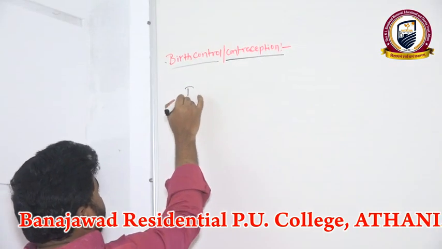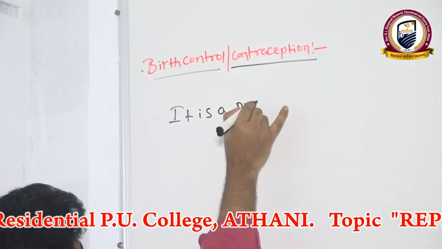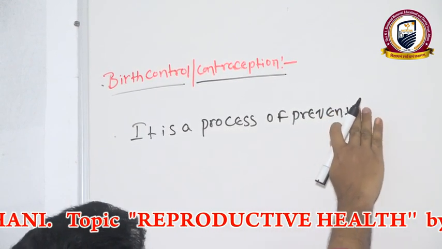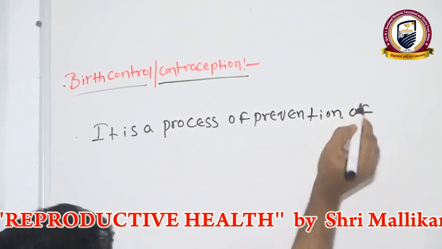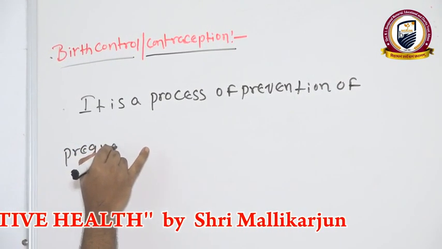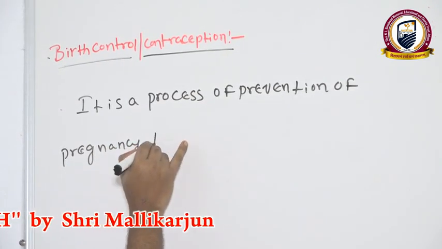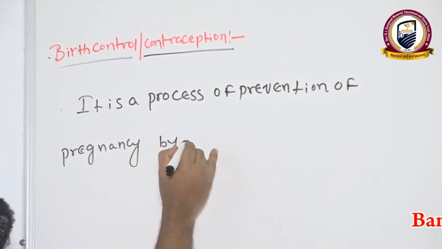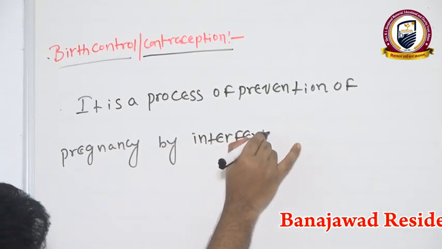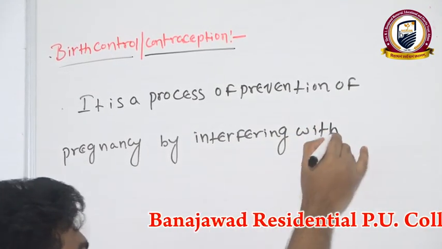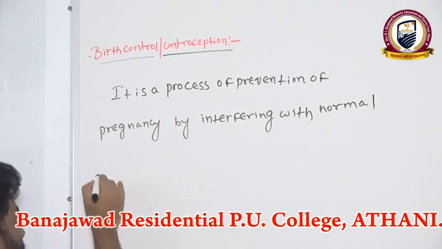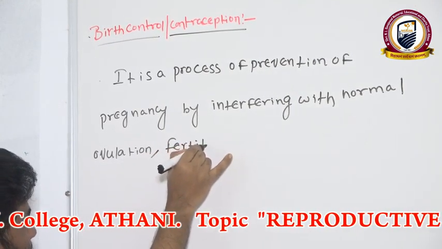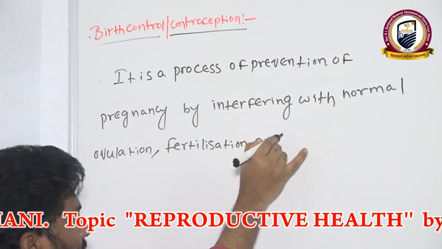Contraception means it is a process of prevention of pregnancy by interfering with normal ovulation, fertilization and implantation.